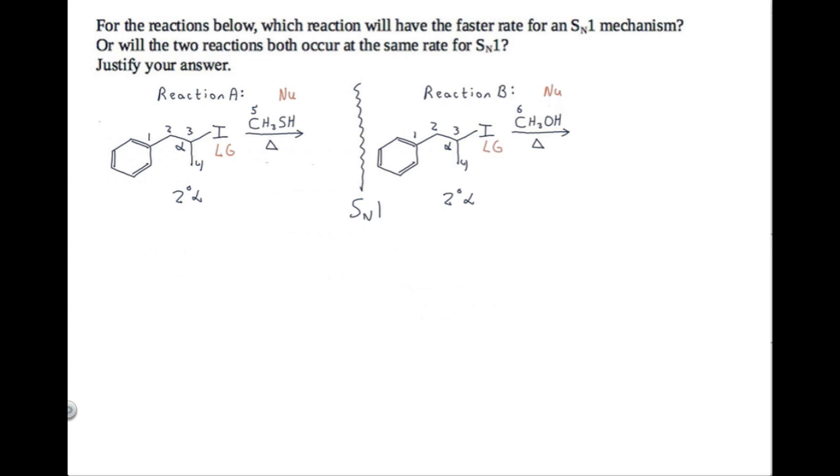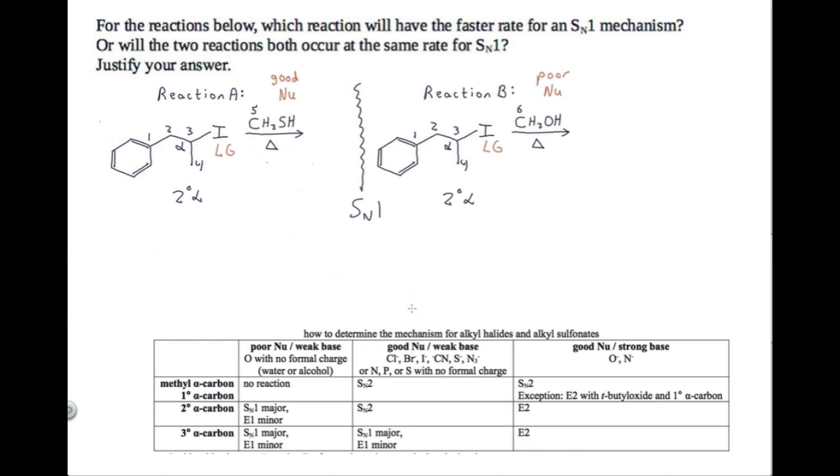Now you should know that neutral oxygen is a poor nucleophile. And you should know that neutral sulfur is a good nucleophile. How should you know that? You should know that because you should have memorized this table.